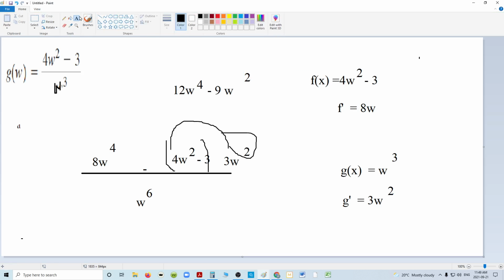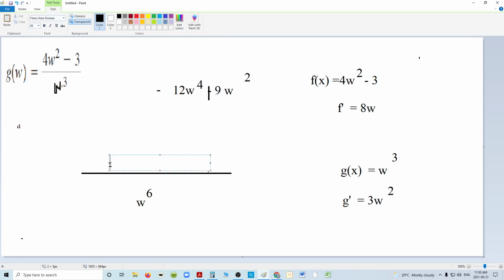Now when I apply this negative to both of these, it becomes a negative here and a positive here. What's 8w to the 4 minus 12w to the 4? Minus 4w to the 4. I'm back to 4w to the 4.